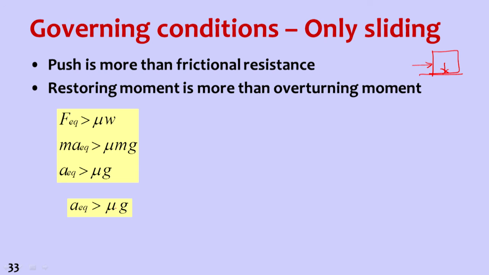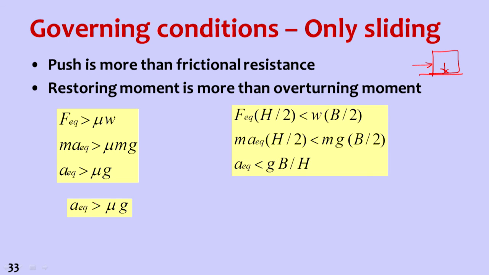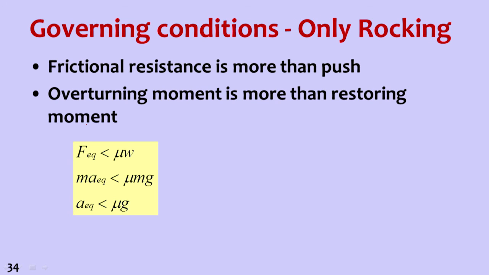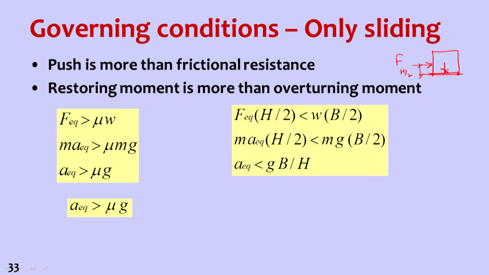It is interesting to note here that geometry is not in the picture. Then the second one is overturning moment and restoring moment. The overturning moment, if I look at it, is F earthquake times h by 2. If I take the moment at this point, this force F multiplied by the lever arm, that is F into h by 2, is in the clockwise direction.